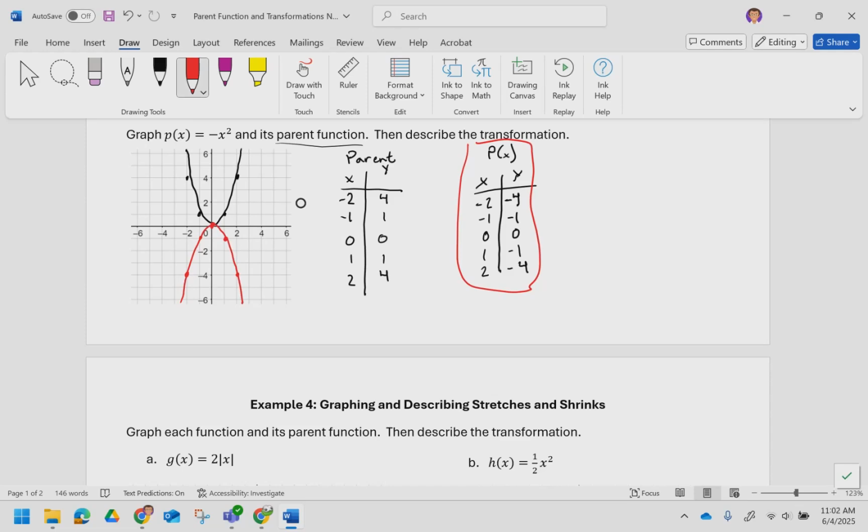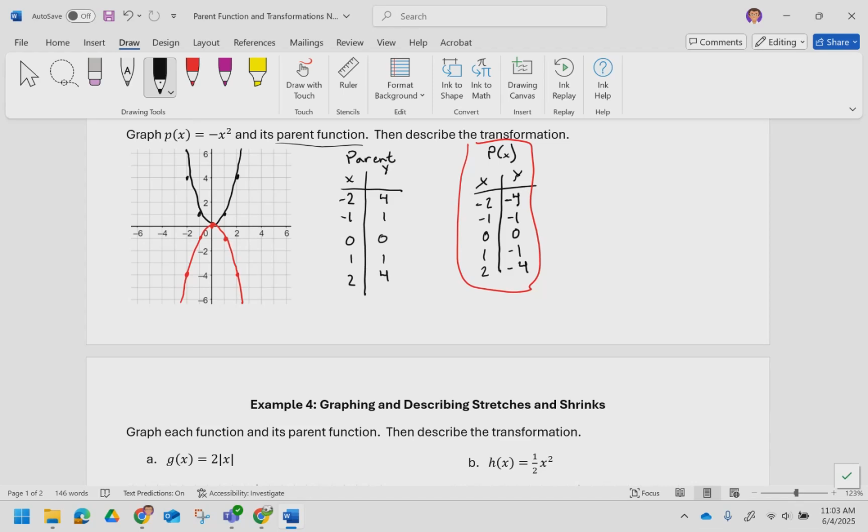All right, so we want to describe what's happened here. Notice how the top looks pretty much just like the bottom. Everything just got flipped around. That flipping, or if we folded this along the x-axis, the two equations would be touching.